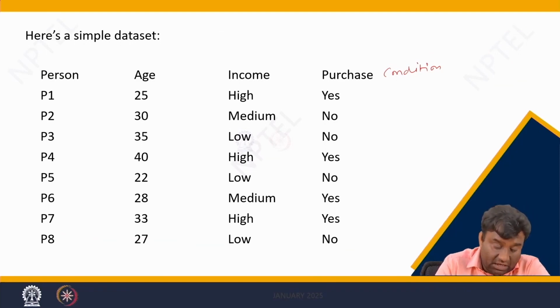So here are the 8 persons, P1, P2, P3, P4, P5, P6, P7, P8. The age of P1 is 25, income is high, purchase condition yes.